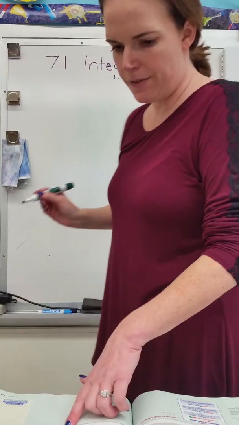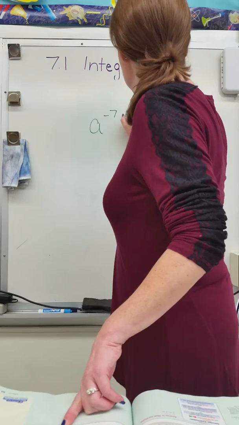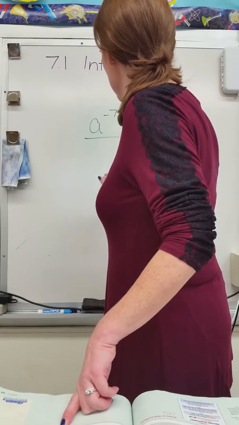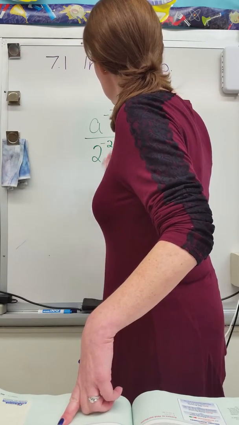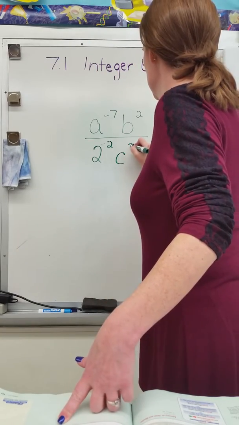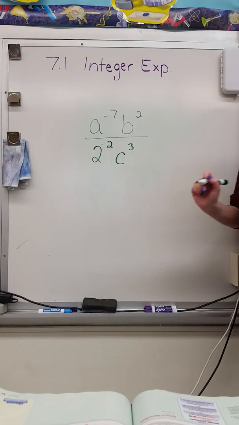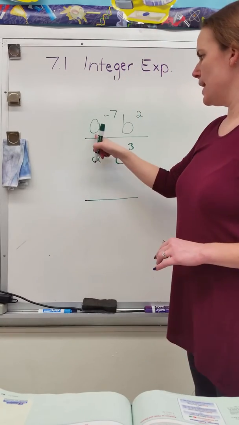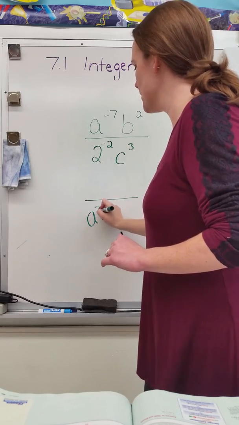Say you have a to the negative 7 b squared over 2 to the negative 2 c to the 3rd. Okay, I usually start by drawing my fraction bar. This a to the negative 7 is going to be down here with a positive 7.